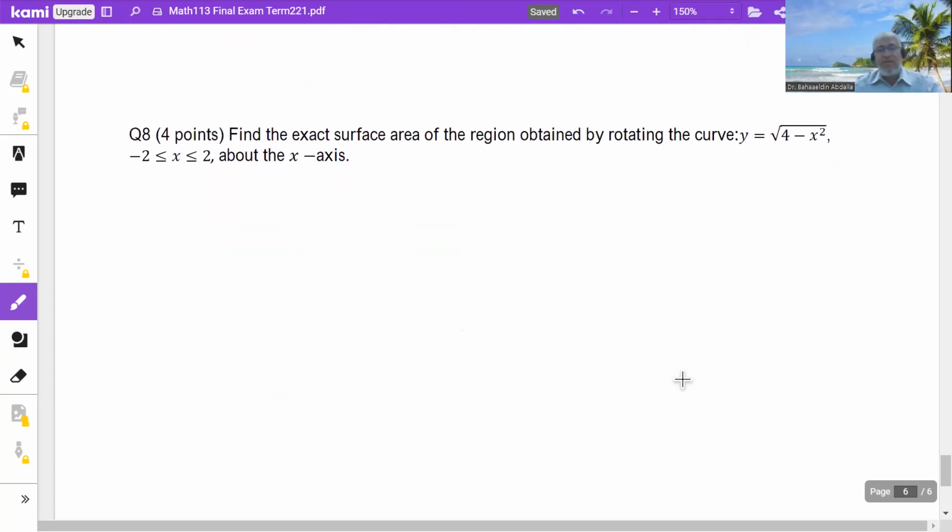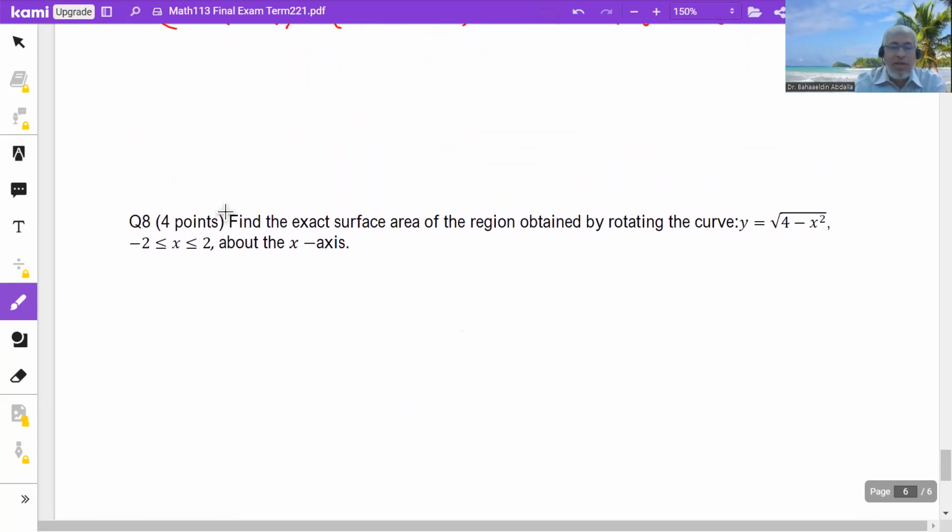Find the exact surface area of the region obtained by rotating the curve about the x-axis. Well, the formula for the surface area when we rotate about the x-axis is the integral of 2 pi y times ds.